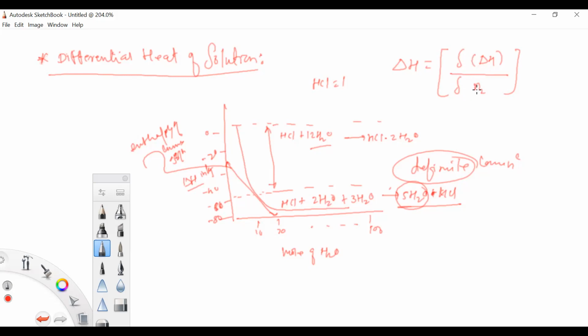This differential heat of solution can be calculated with the help of these mathematical expressions. So from the integral heat of solution data, वरूनच आपल्याला काय काढता येते, differential heat of solution. So when delta H value is plotted against the moles of solute, the slope of tangent at the given concentration gives the differential heat of solution.